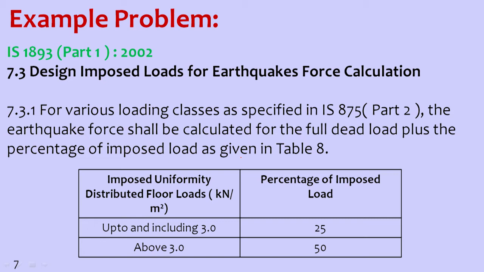Table 8 summarizes that if the imposed load is uniform and the intensity is less than or equal to 3 kilonewton per meter square, we have to consider 25% of the imposed load. If the intensity is more than 3 kilonewton per meter square, we have to consider 50% of the imposed load for seismic mass calculation.